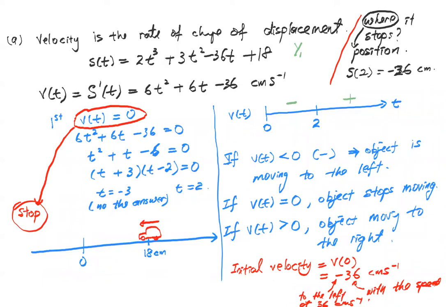That means the particle will move from here until here. Negative 26 here. Then it stops. Stop doesn't mean it will turn. Stop doesn't mean it will make a U-turn.